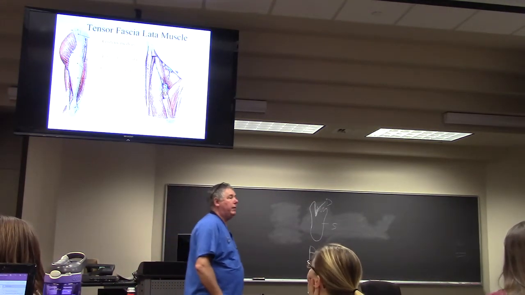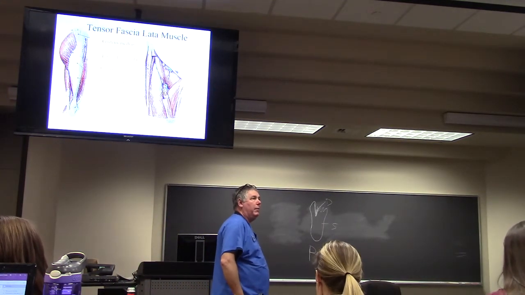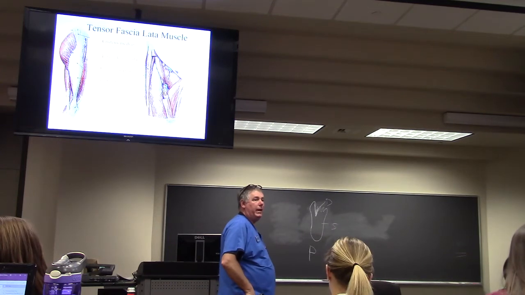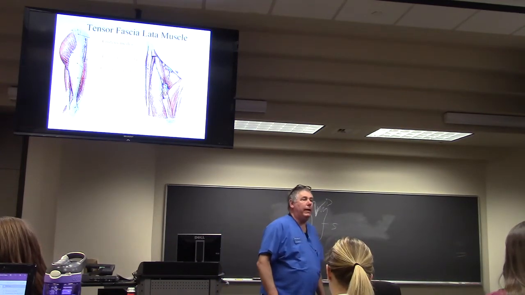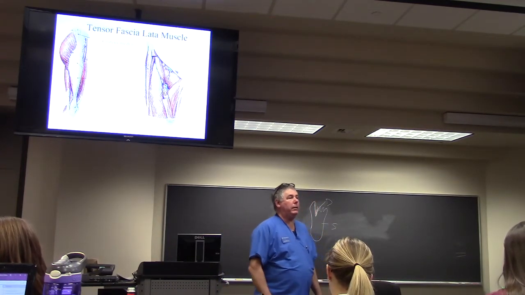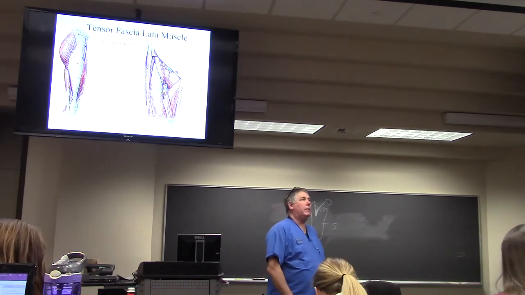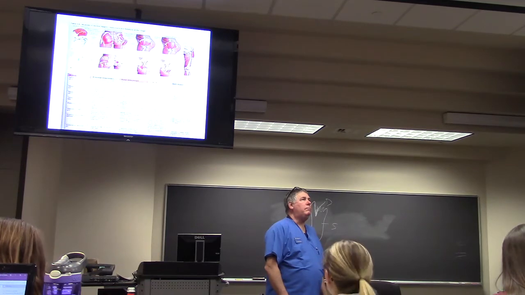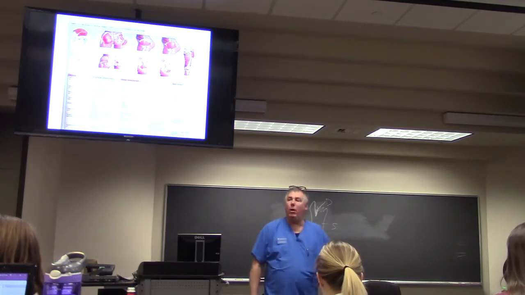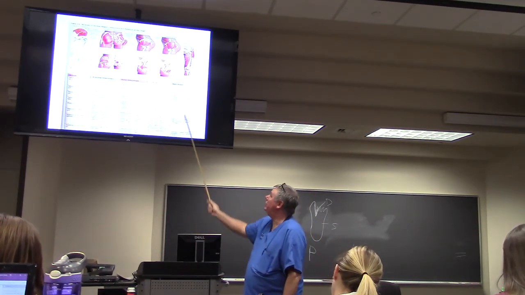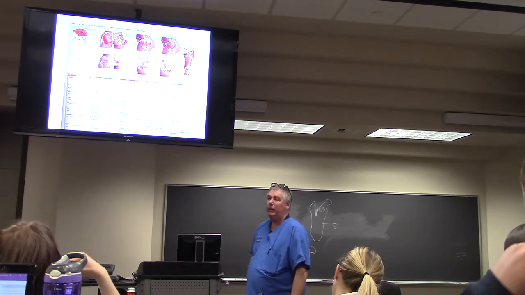So it helps with flexion of the hip. It helps with flexion of the knee. It can abduct. So it has a pretty good range of motion. In this slide right here, this gives all the different ranges of motion, and they're pretty easy to understand.